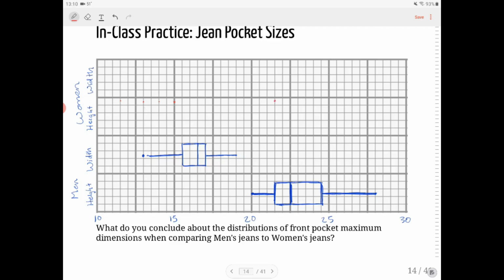So let's go ahead and draw the easy part, which is the box. Okay. And notice that, at least for the middle of the distribution, this is very symmetric, right? There's the exact same distance from the median to the lower quartile as there is from the median to the upper quartile.